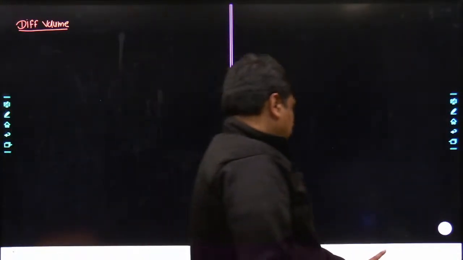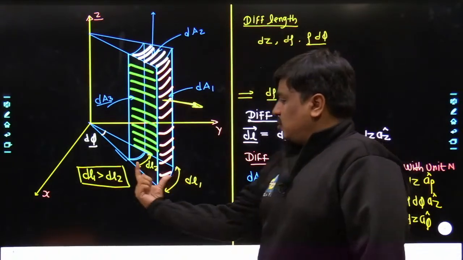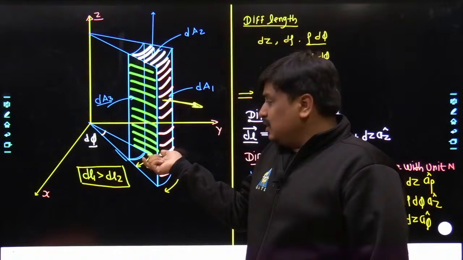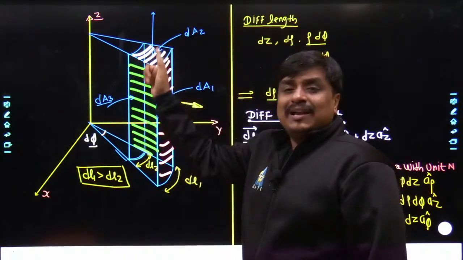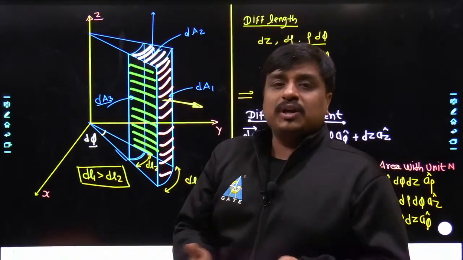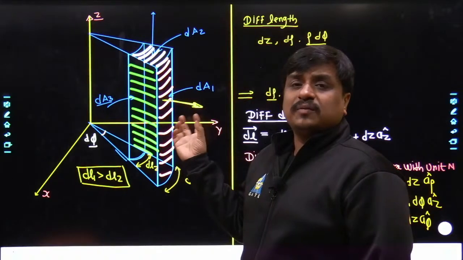My dear friends, this is nothing but the differential volume, because there was a differential change in rho. Similarly, there was a differential length because of change in phi, that's nothing but rho d phi. There was a differential length change because of z, and that's nothing but dz. And if you put them together, definitely it makes a differential volume. So may I know what's going to be the worth of this differential volume?